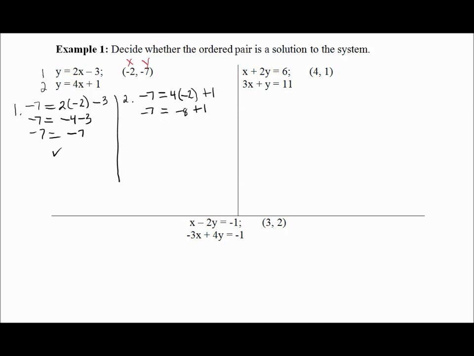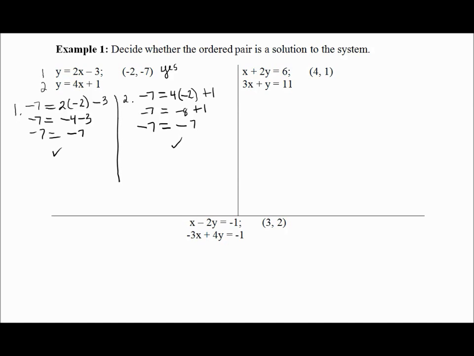Bring down my plus 1, and negative 8 plus 1 is indeed negative 7. So that checks out. Since that ordered pair worked in both equations, it is indeed a solution. So I'm just going to put yes. It is a solution.